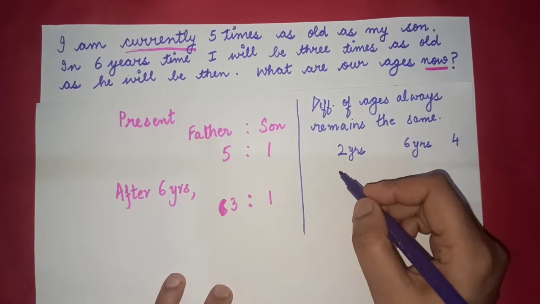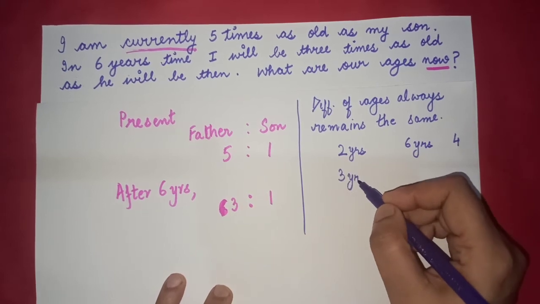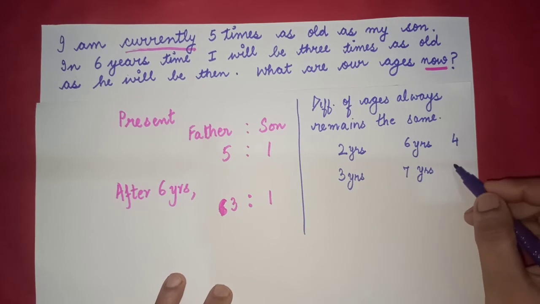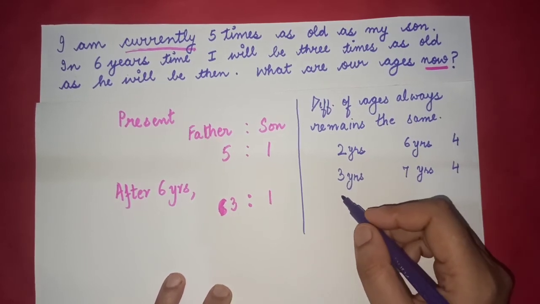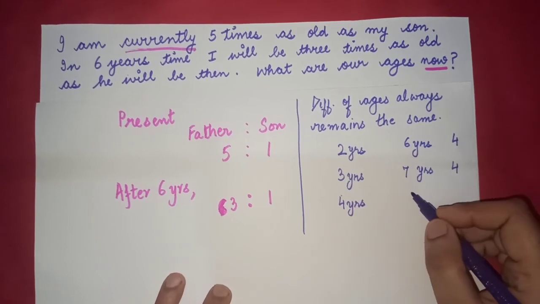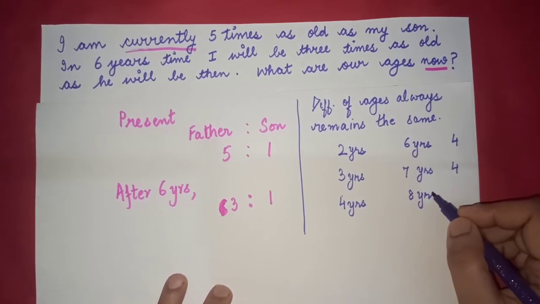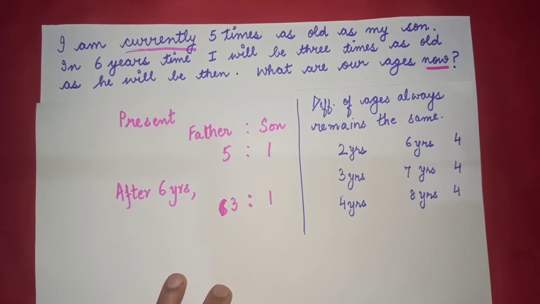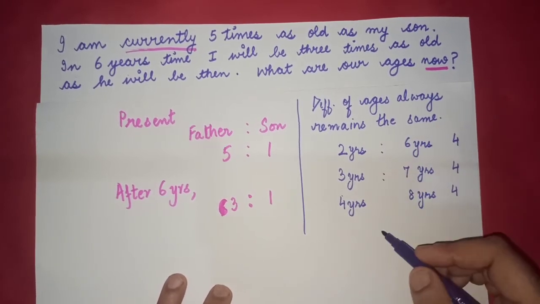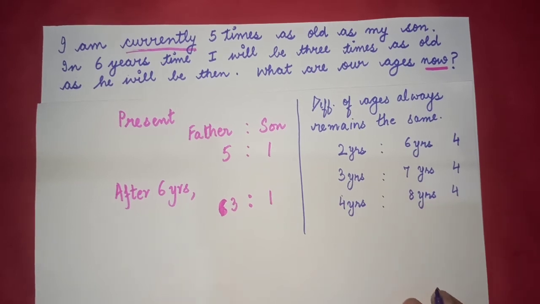Next year your brother will be 3 years old, you will be 7 years old. The difference again remains the same. Next year he is 4 years old, you will be 8, so the difference remains 4 years. But look at the ratio. The ratio is 2:6, 3:7, 4:8. So the ratio keeps on changing, but the difference of ages always remains the same.